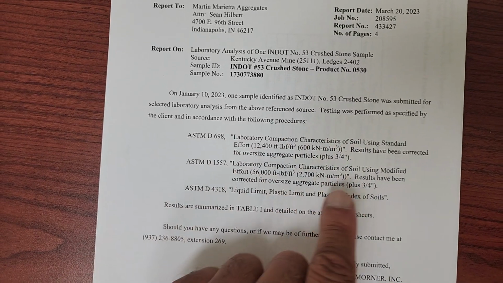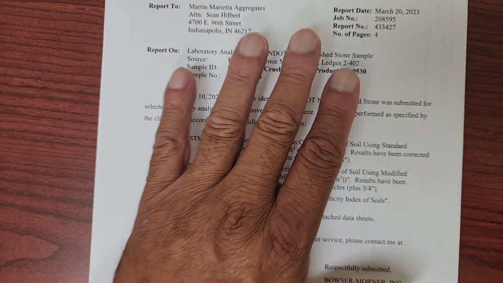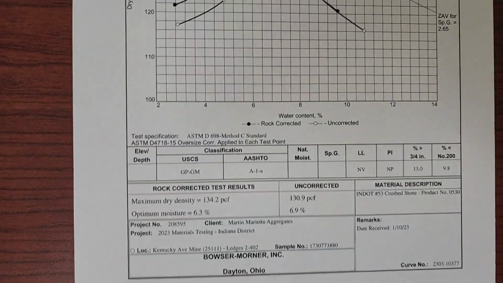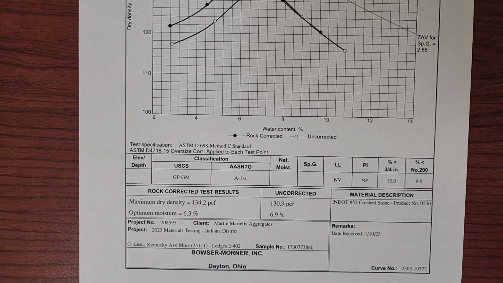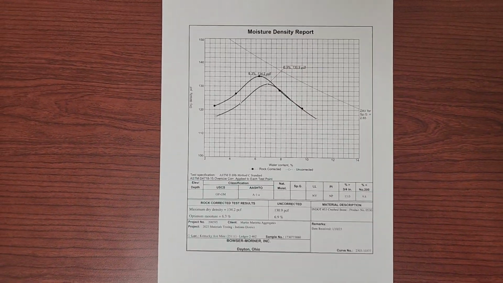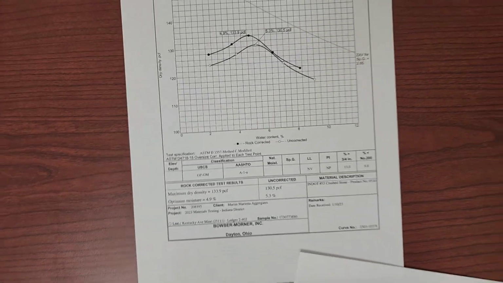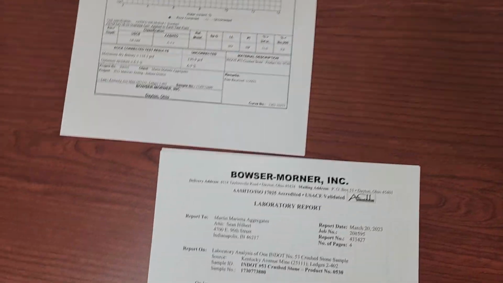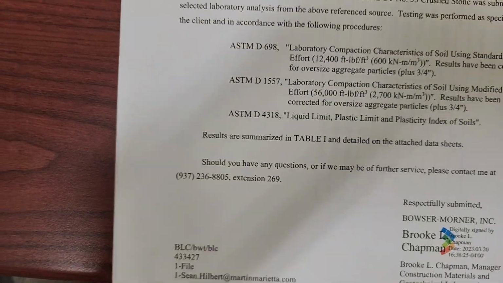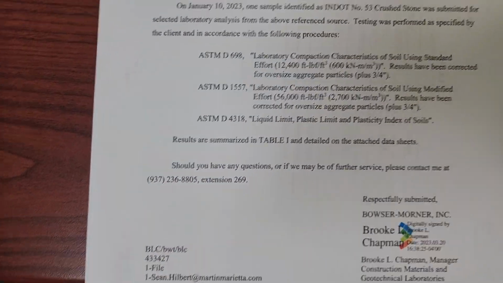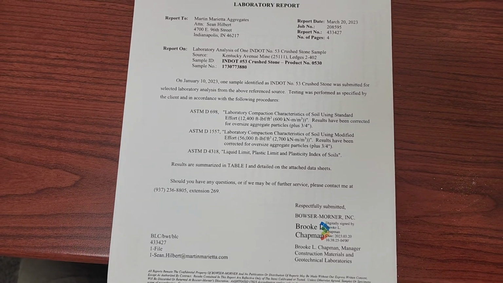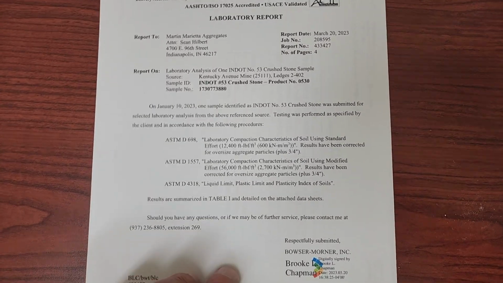So basically, in order to get these chart answers, here's your modified Proctor, and here's your standard Proctor. Basically, all of the information is run in the lab. Now, this is your laboratory report. And what I'm doing, I'm going to be comparing my results to what the lab has done.